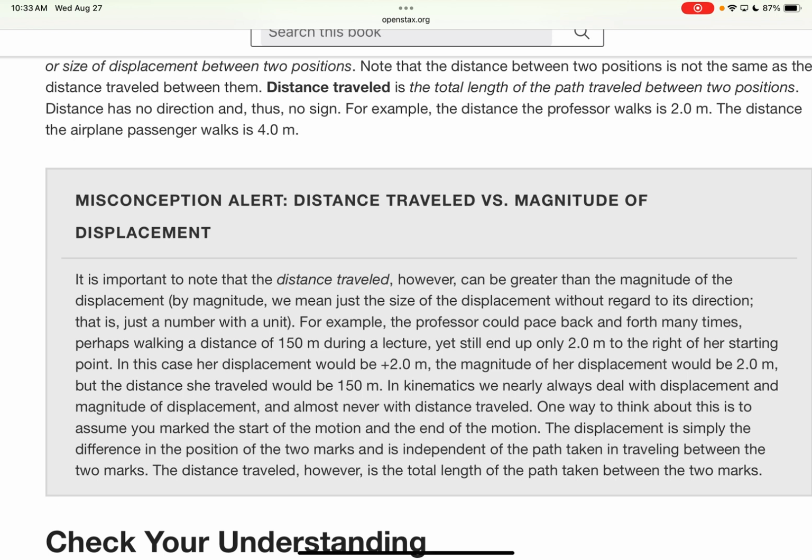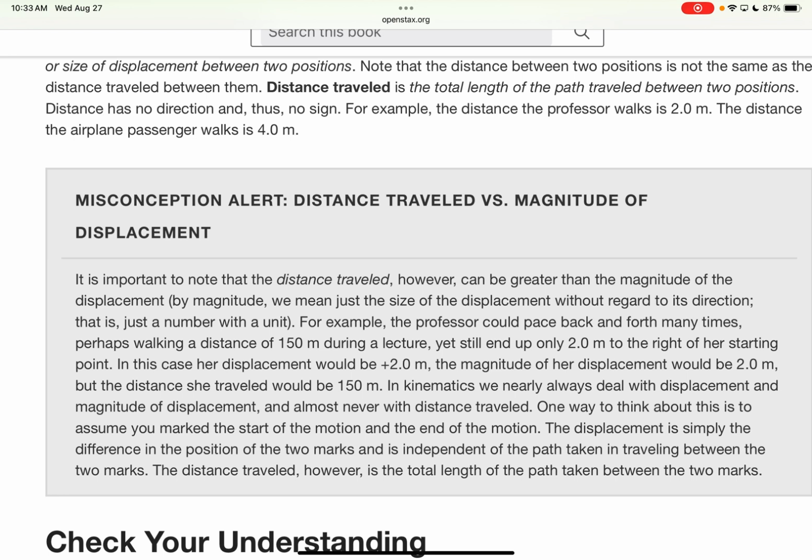If we then walked back to my room and then down to, let's say, the end of the hallway, my displacement would be positive or negative? I'm asking the class. It would be negative, wouldn't it? Because I went past the 0 mark.